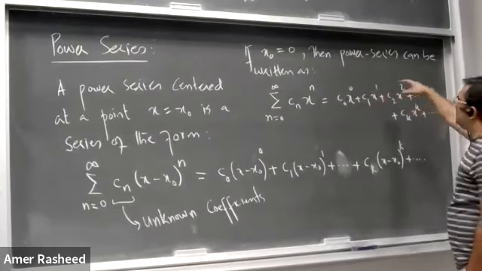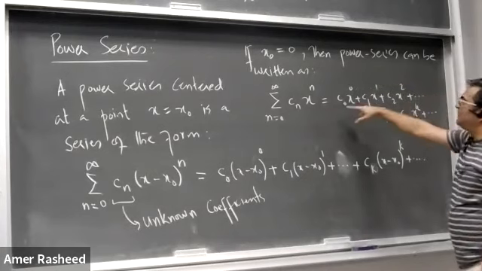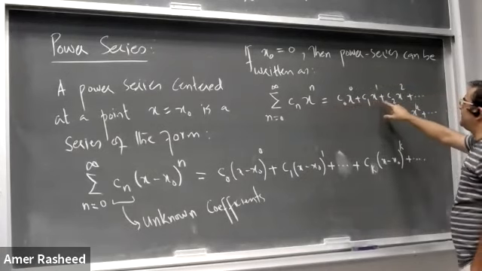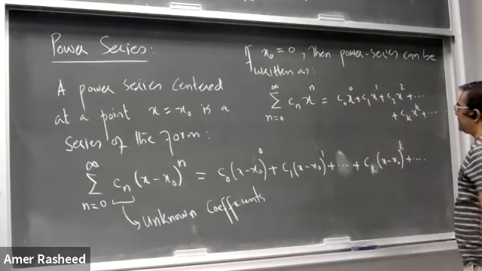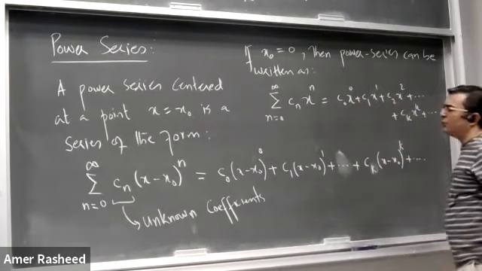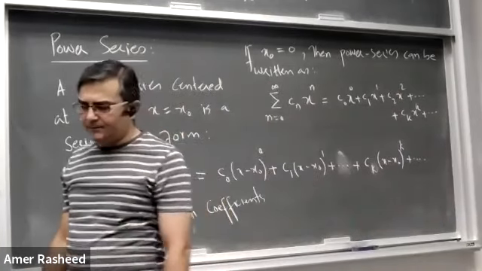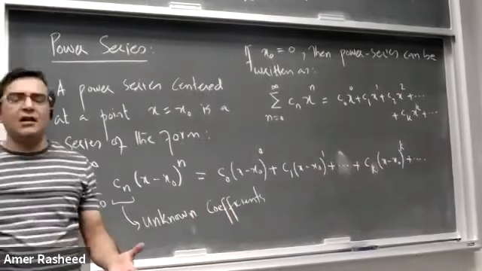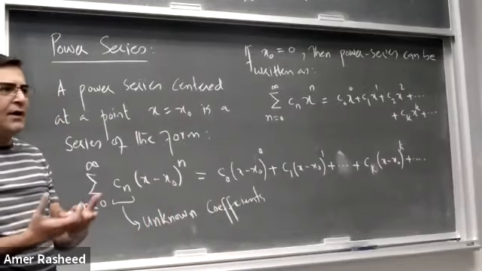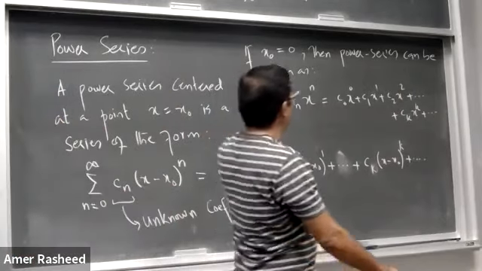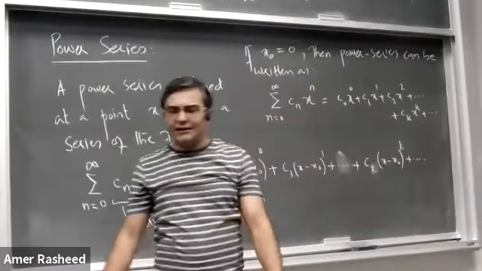Yes, it is a polynomial. These coefficients C1, C2, C3 are normally constants. So it's a kind of polynomial, you can say an infinite degree polynomial, but it is a series. Anything which adds up and doesn't have any end is called an infinite series.